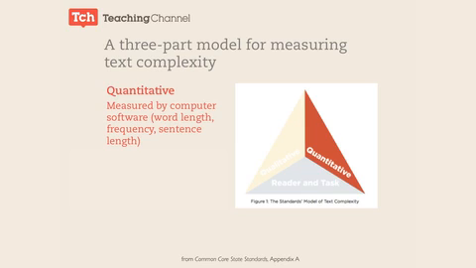However, we also know that Lexile scores can sometimes be misleading, and I will tell you that when I first read the core and I read this section on text complexity, I felt so liberated, because for so long I have been hearing about making sure that we have the right Lexile score for the right kind of reader. And while I agree with that, I've also always known and always believed that sometimes that just doesn't make sense.